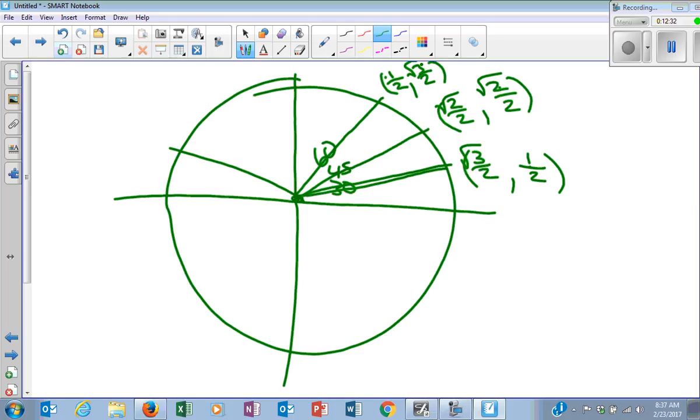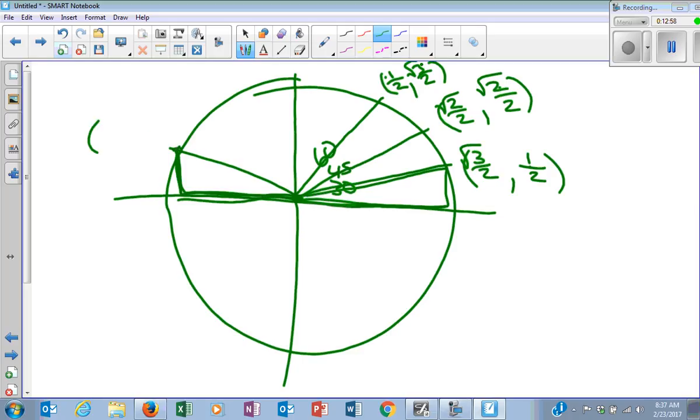In fact, your x is still going to be the same distance. Your y is still going to be the same distance. The only thing that changes, instead of going to the right, I'm going to be going to the left. What is that only going to change in my ordered pair? It changes the x to a negative, but the y still stays.